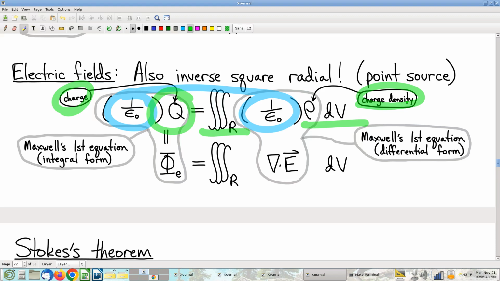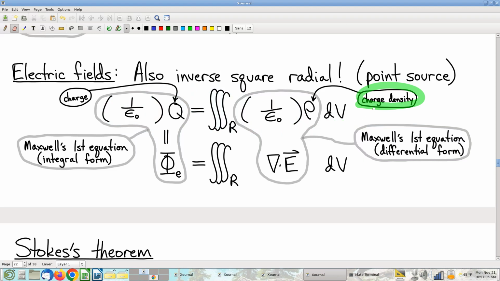So I'm saying that charged particles, by the way, this is pretty standard notation to use Q for total charge and to use the letter rho. Unfortunately, it's the same rho from spherical coordinates. Sorry. But it's pretty standard. But rho represents charge per unit volume, aka charge density. Okay, so again, quantity is an integral of density.